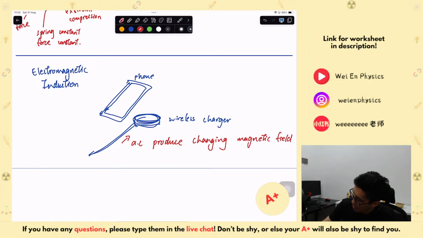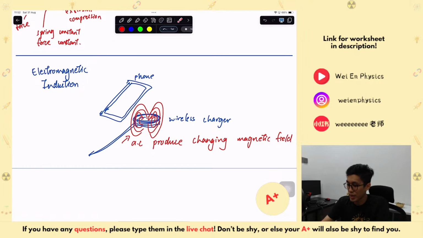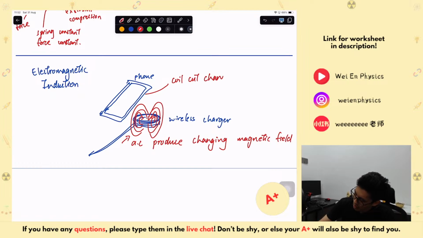So this magnetic field will go big, small, big, small, like that. Then inside your phone there is a coil.